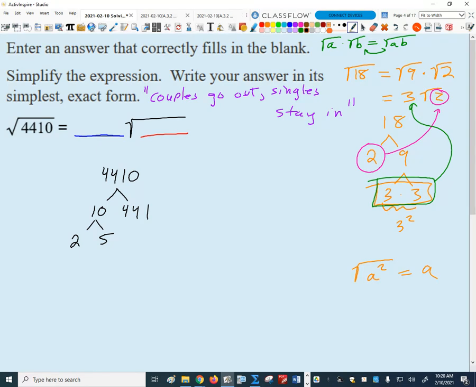So now what about the 441? Yeah, I did 3 and 147. Okay, 3 and 147. That works, right? Because 4 plus 4 plus 1 is 9, divisible by 3.